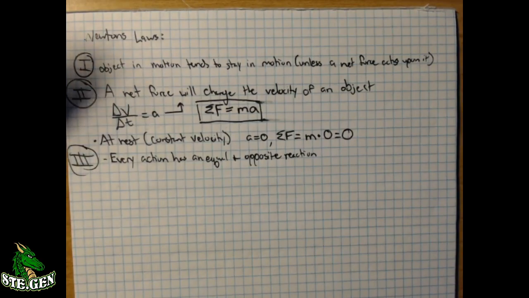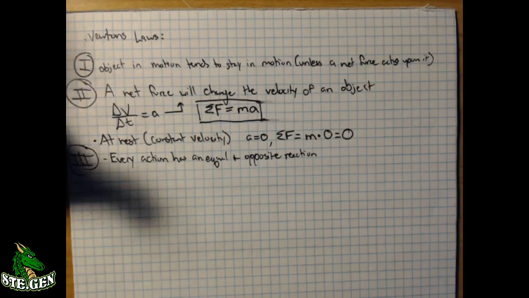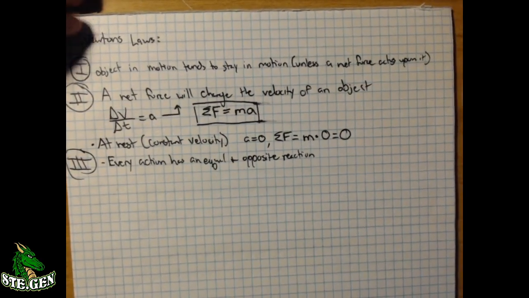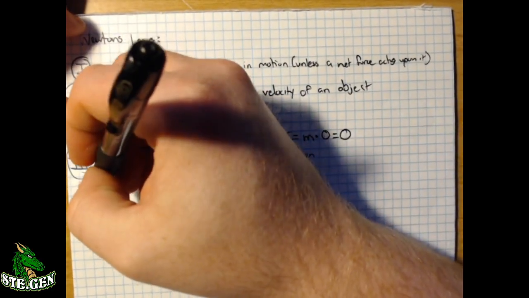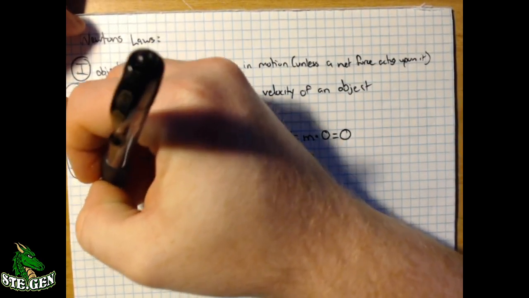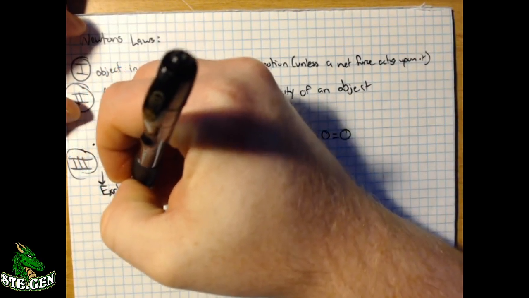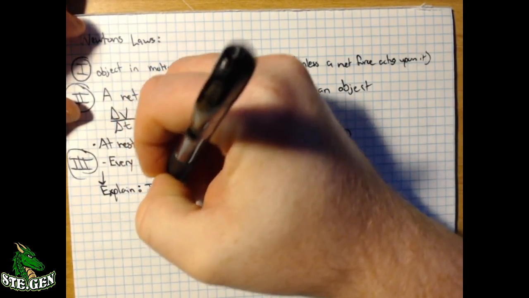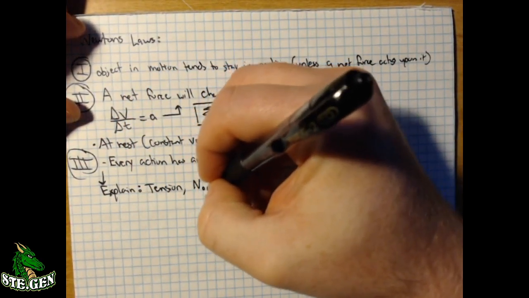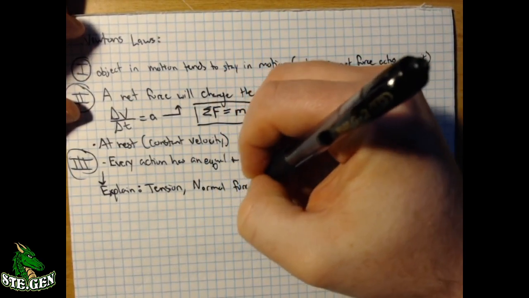In my PowerPoint I go into detail that a force acting upon one object will cause the second object to exert an equal force in the opposite direction on the first. Really, Newton's third law is going to explain things like tension and the normal force specifically.